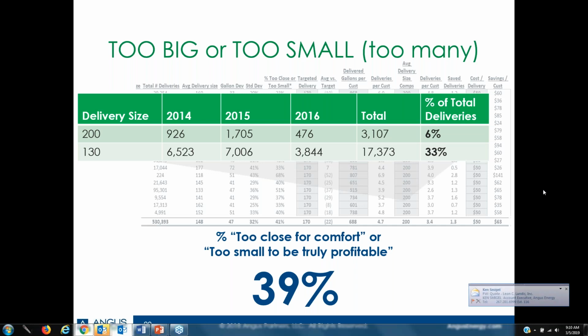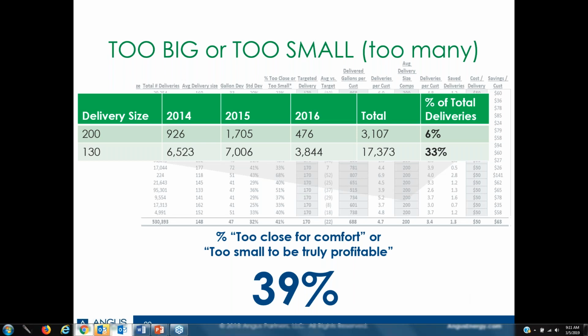And the reason for the somewhat confident is because we do have situations like this. We looked at, in that study, how many of those deliveries to a 275 were 130,000 or less, which would be really too small to be profitable, or over 200 gallons, which is getting towards a run out if we weren't knowing exactly what was in the tank.